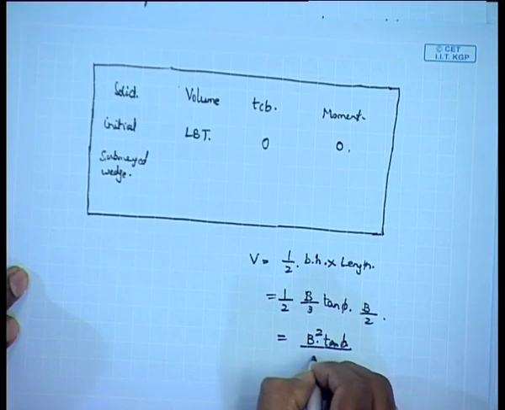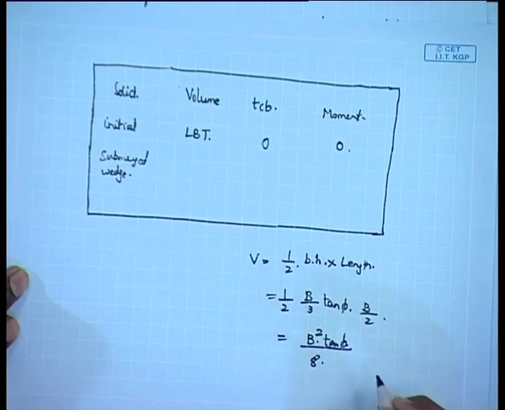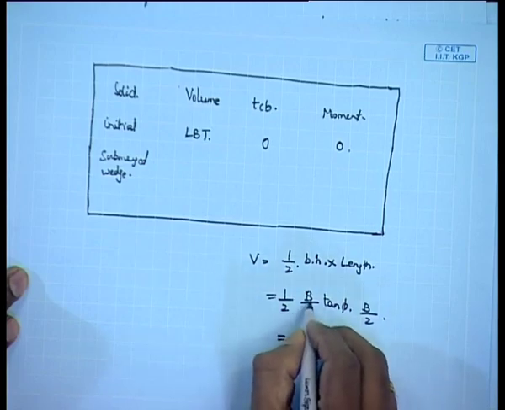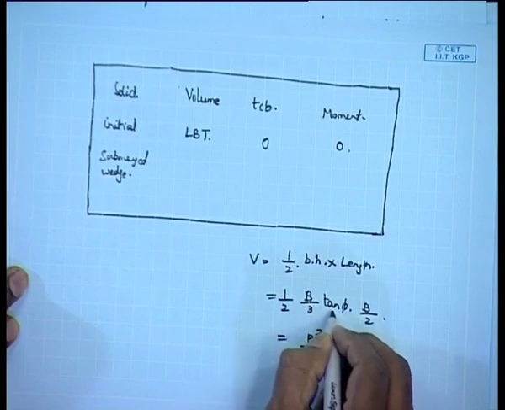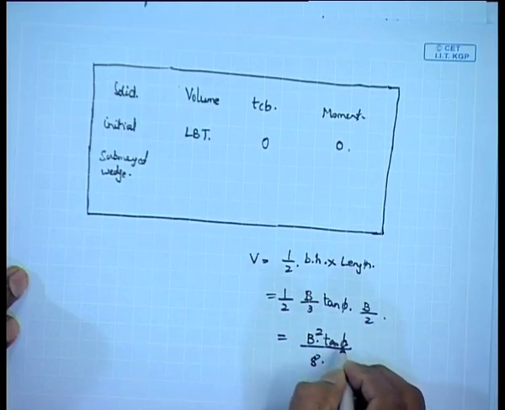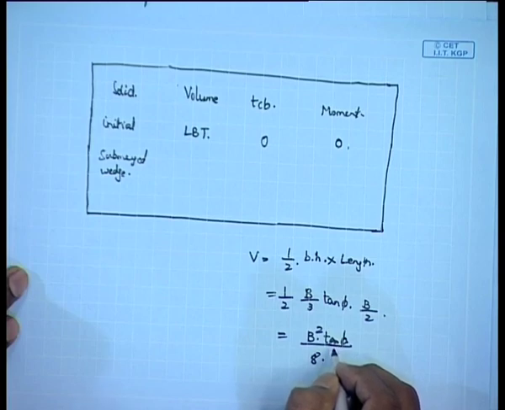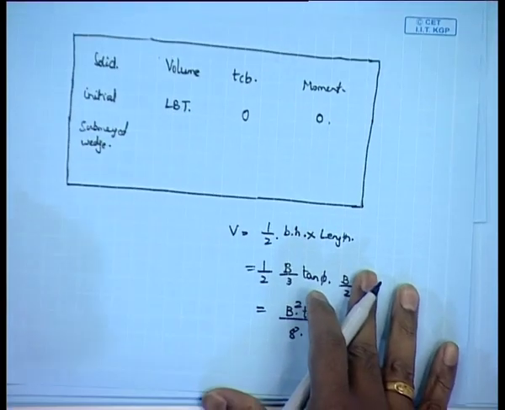B squared tan phi by 8. Let us see how it became 8. Half base, B by 3 tan phi, into B by 2. Well, I think they have made a mistake here.